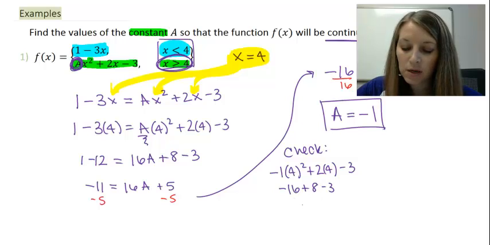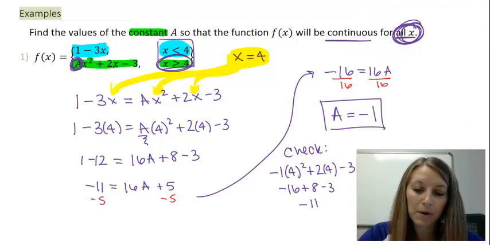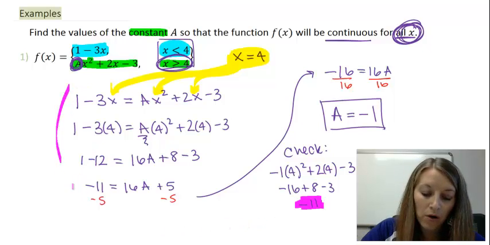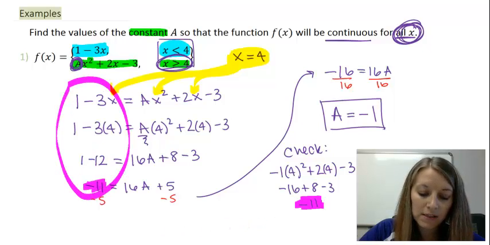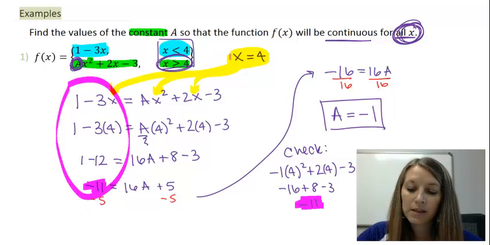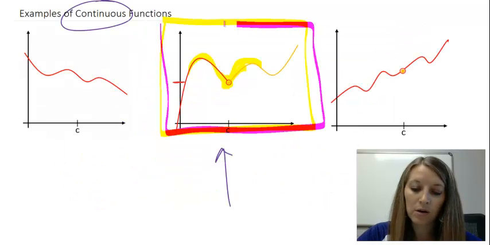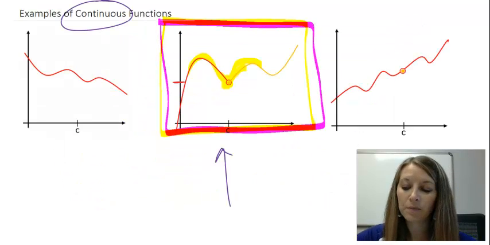Negative 8 minus 3 gives me negative 11. That's what's happening on the right-hand side of this equation, which matches up with what we already did on the left-hand side. So that means at 4, my two pieces match up, and that gives me this visual right here, where my two pieces match in the middle.